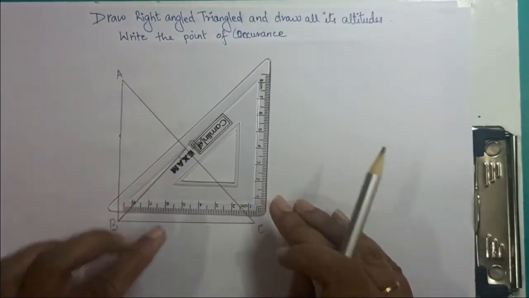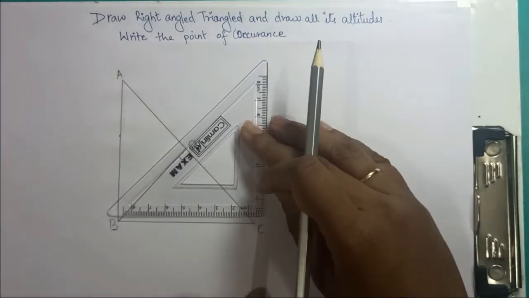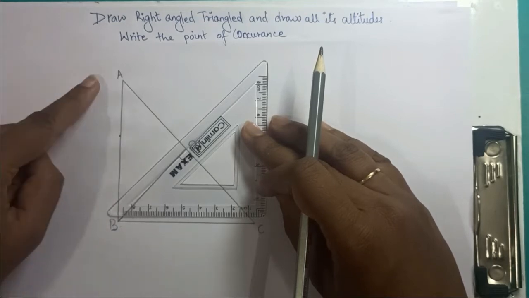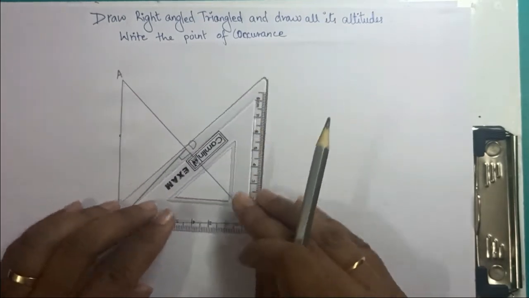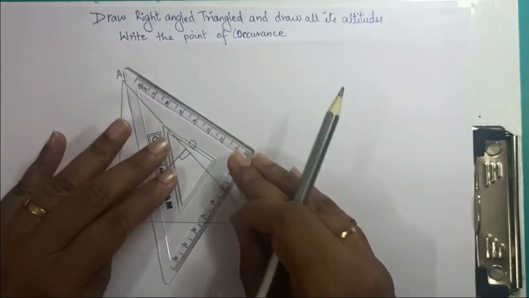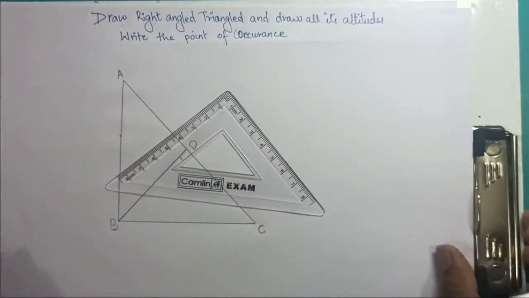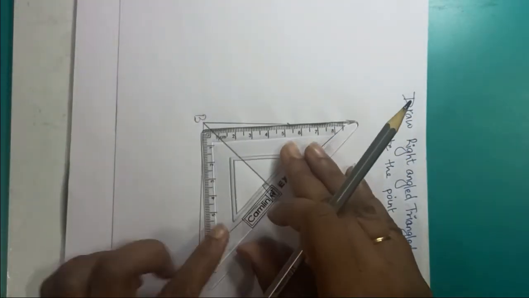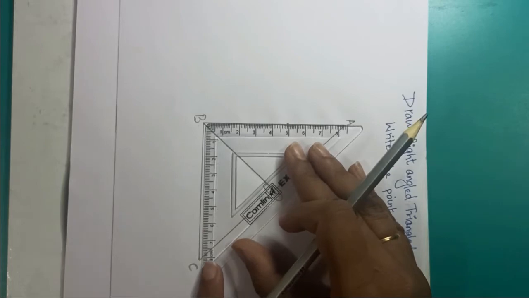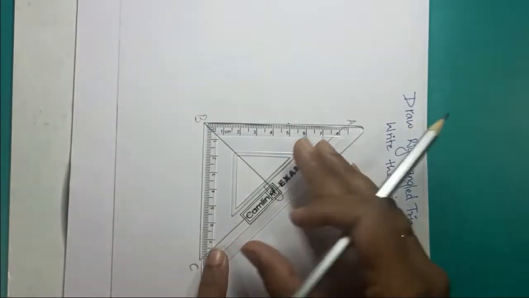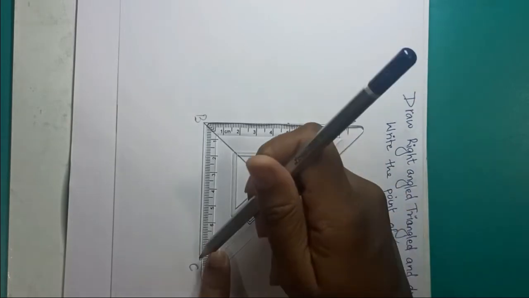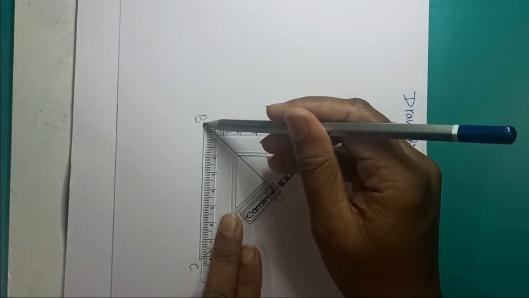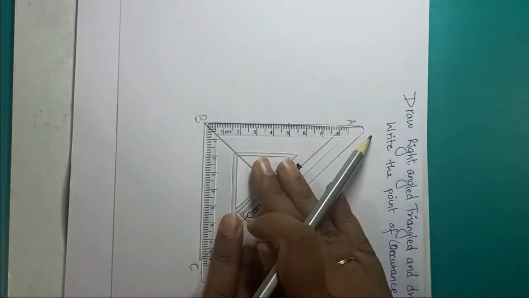And if we want to draw from the vertex C to its opposite side BA, it will also be a perpendicular. Okay children? See, this is also a right angle triangle. So see, if I am keeping it over here like this. See? My point, that is my vertex C. Now this is also a perpendicular drawn on BA.